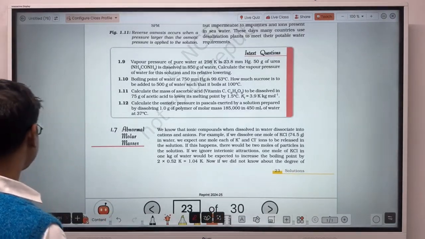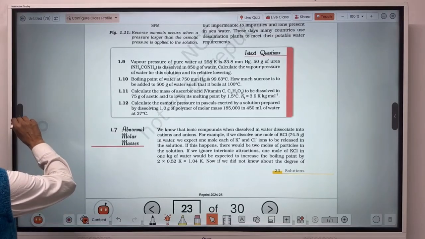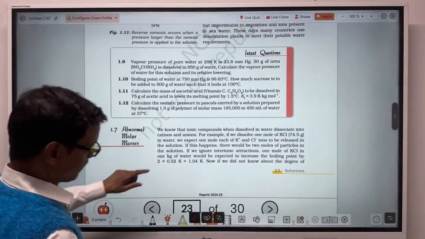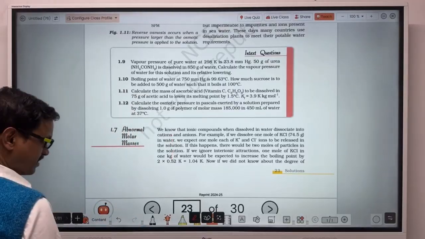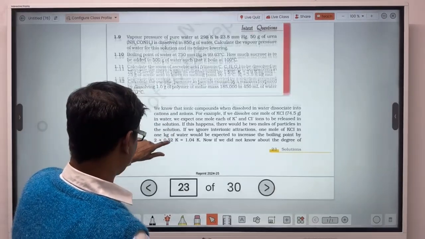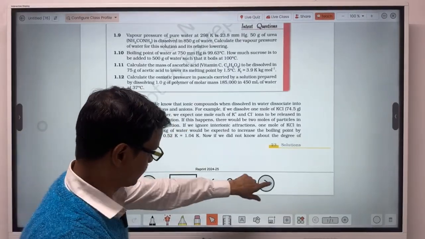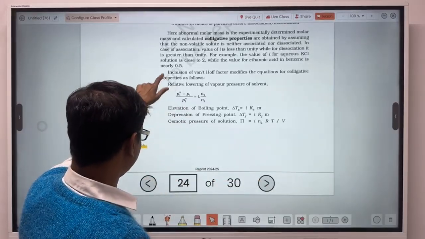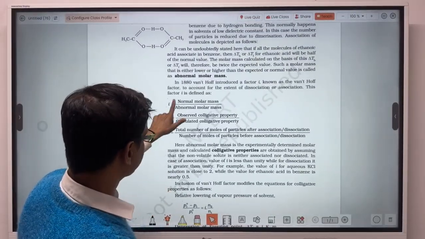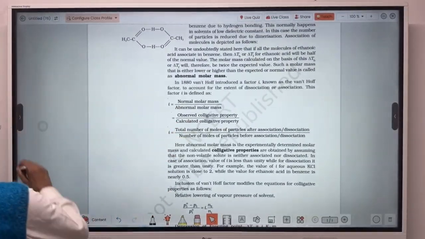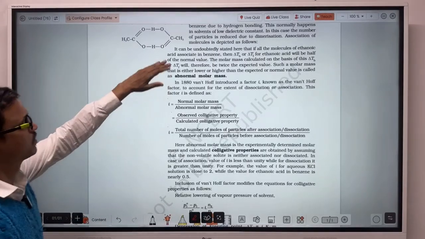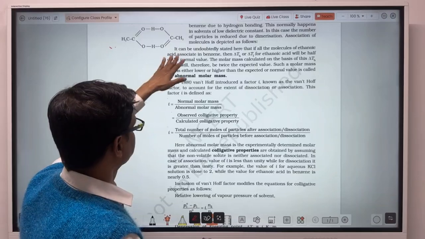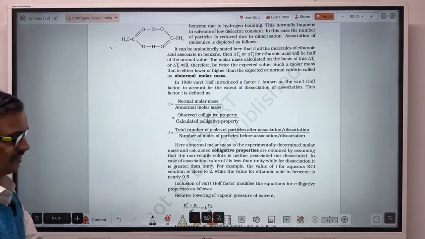So, what is the van't Hoff factor? It applies when there is association or dissociation of particles. About abnormal molar mass, this is just an introduction. Here the van't Hoff factor has been given, and also the association of acetic acid.